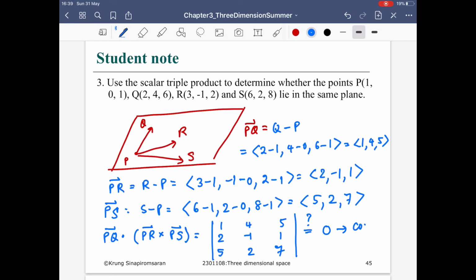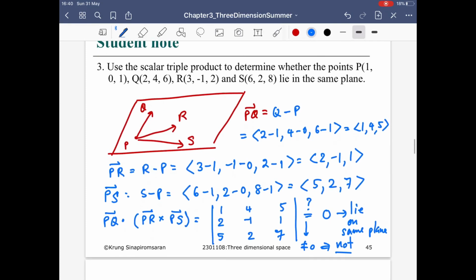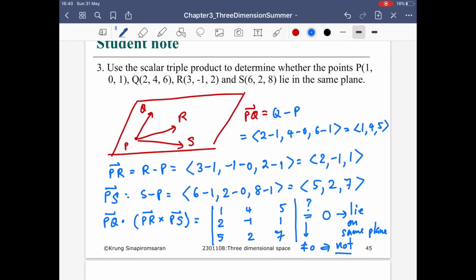Then if it is coplanar, it means that these 4 points will be on the same plane. But if it is not, then it's not on the same plane. Okay, that's it. But you really need to calculate and get yourself used to calculating the determinant. So I'll let you do this problem by yourself.